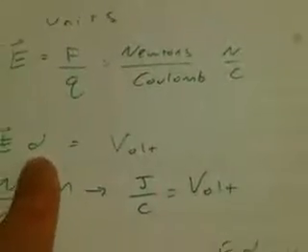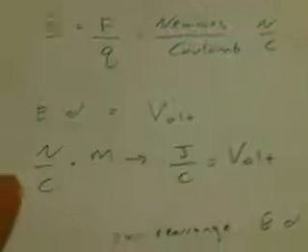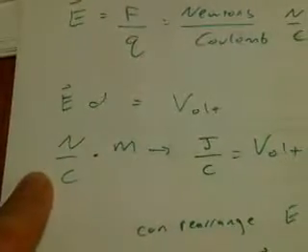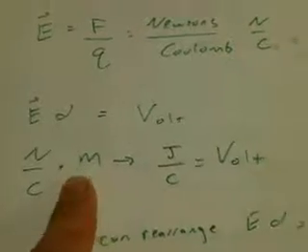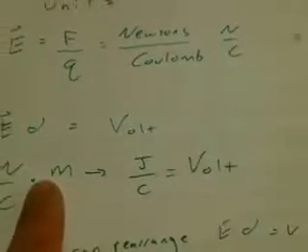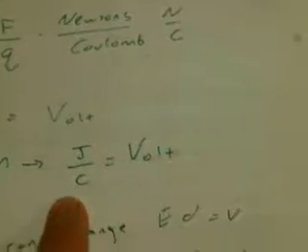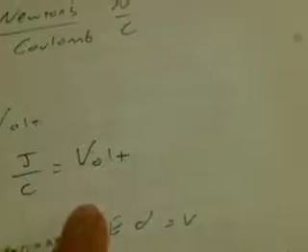The electric field times however far you are from that electric field, the item exerting it, is your voltage potential. So the electric field, again, is a newton per coulomb, what we just said, times a distance now is a newton meter per coulomb. Well, hopefully you recognize a newton meter is a joule, so a joule per coulomb is how we define what a volt is. All right, a joule per coulomb is how we define a volt.